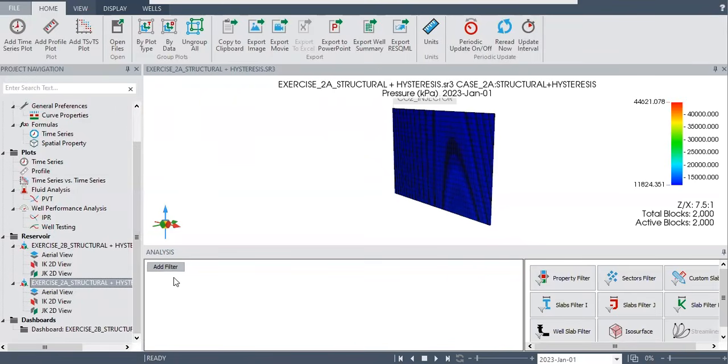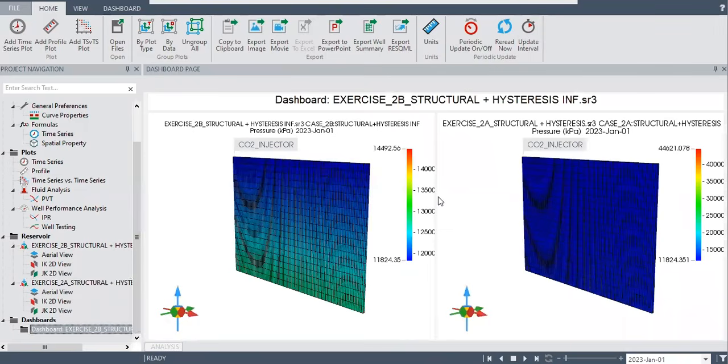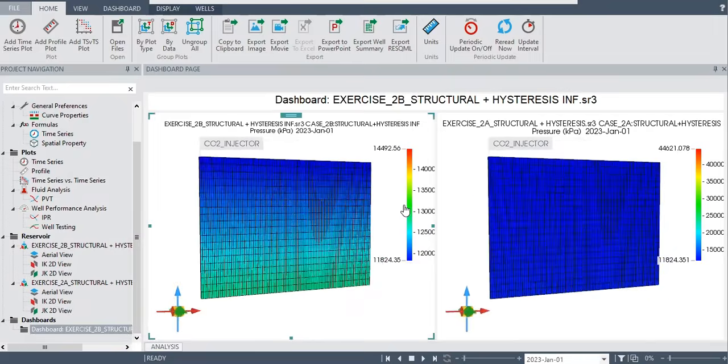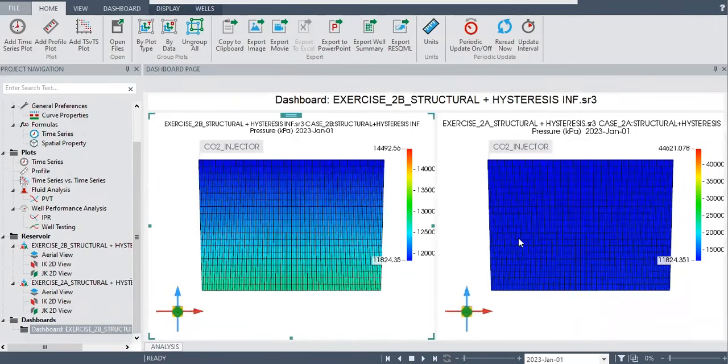So we should have two windows. Okay, we can see the difference.